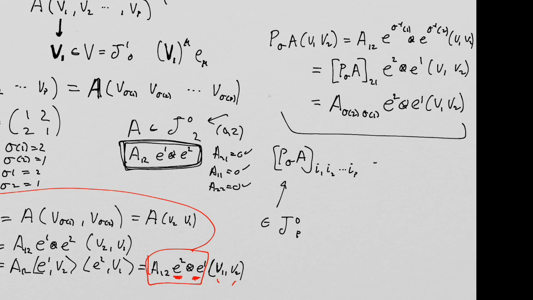So it can always be expressed like this, with I1, I2, up to IP, where we sum over all of these indices. So we sum over I1 with I1, I2 with I2, and it's this massive sum.